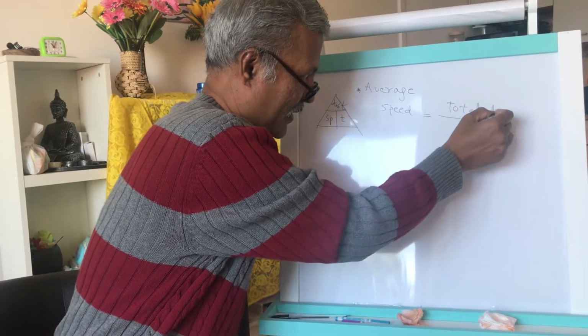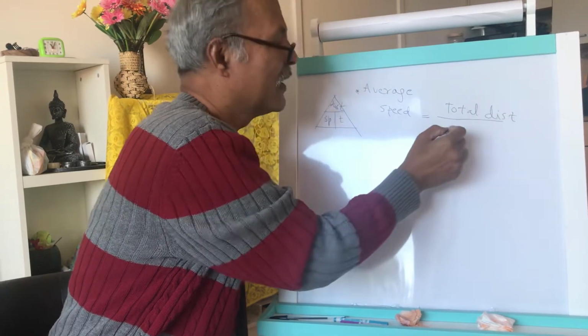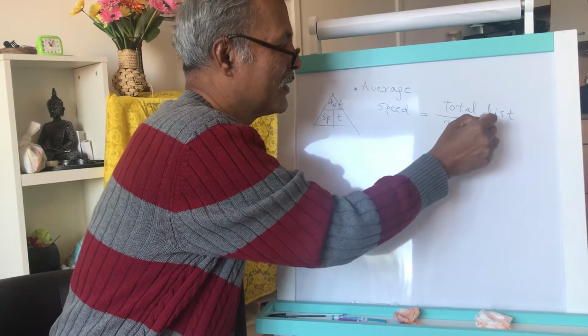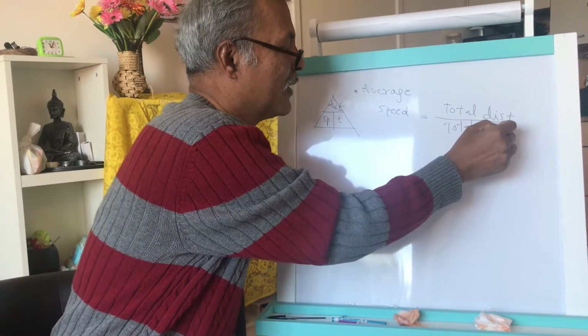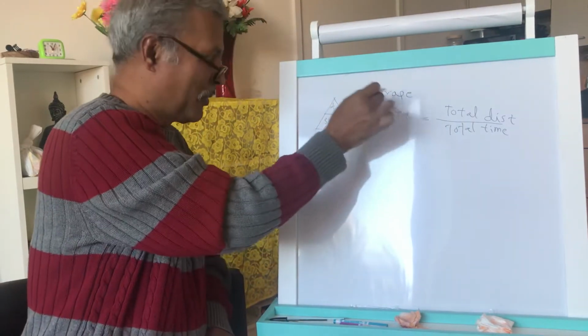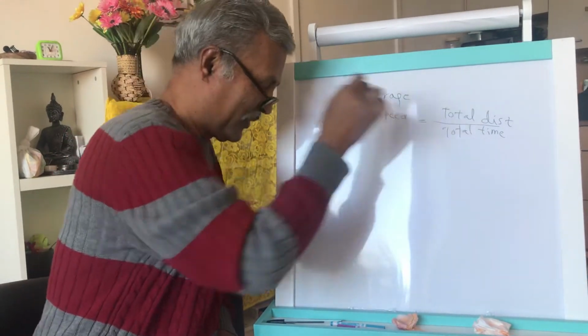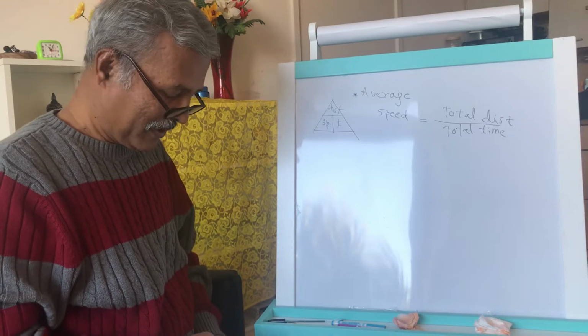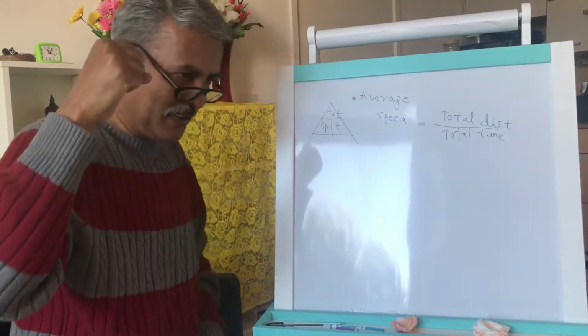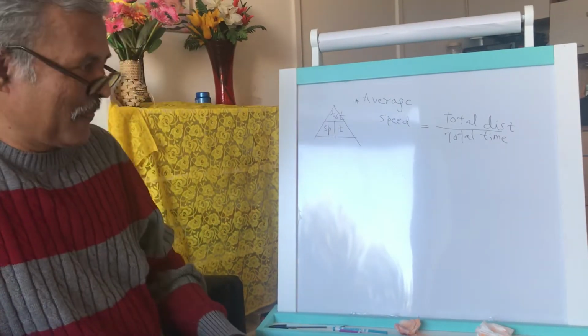That's all. Obviously, you will have to know the total time. So total distance, total time. Whenever you are working on average speed, think of this. Then what is given, what is unknown, all those things can be put in this, and you can extract the answer literally. I will show one example.